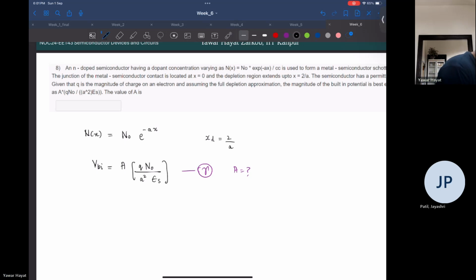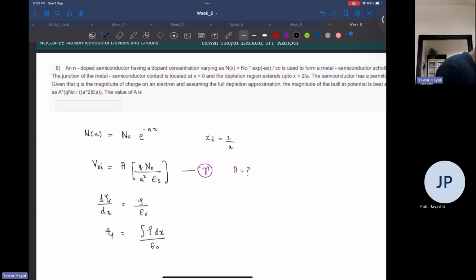Now the d by dx, that should be equal to rho by epsilon naught. I mean, this is Gauss law, right? And electric field you can write as integral rho dx by epsilon naught.